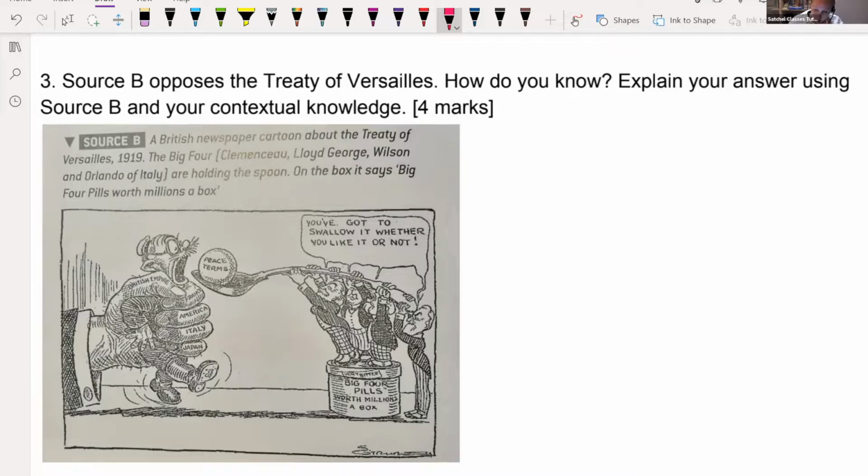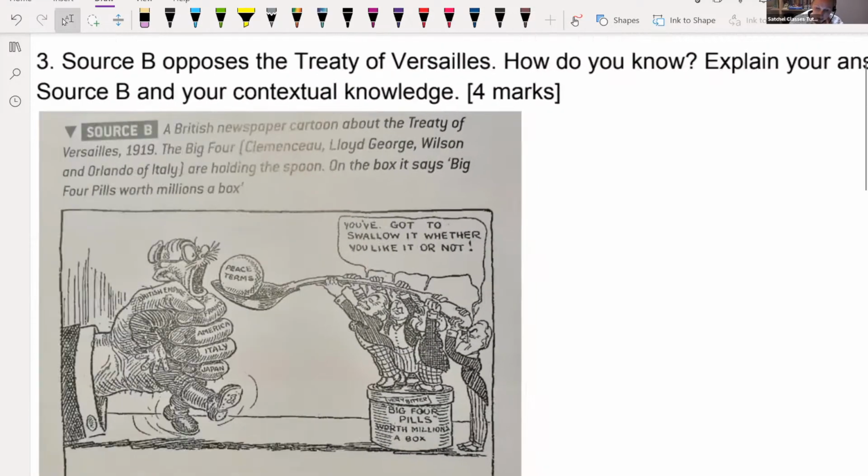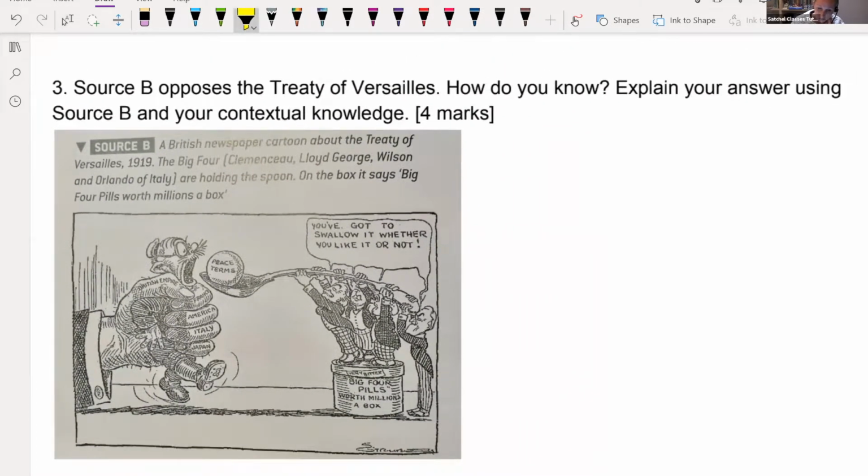So in this question, first thing you should do when you get into that exam, pencil, pen, highlighter, whatever you've got at your disposal, read the question, read it again, and then read it again, right?